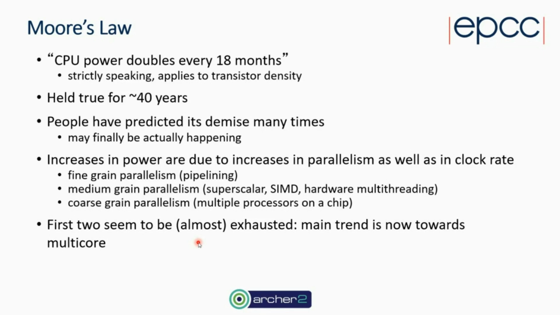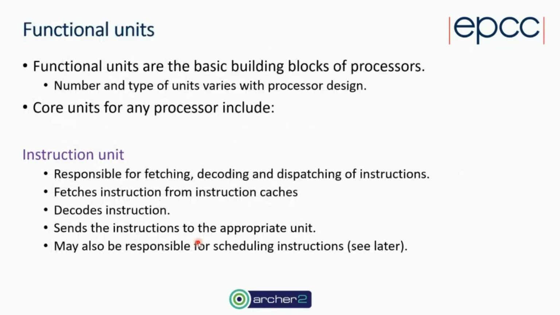That means that we are pushed much more towards doing parallel programming to get good performance for our applications on these systems. Now, this shouldn't be a surprise for anybody using ARCHER2. It's a large-scale parallel system, so you know parallel programming is the way to go. But it does mean that parallel programming is increasingly important across all areas of computing these days.